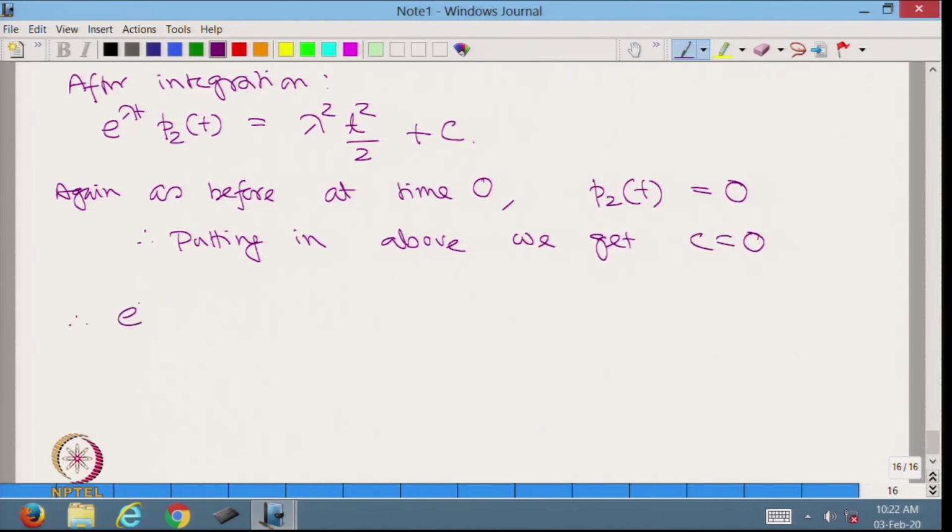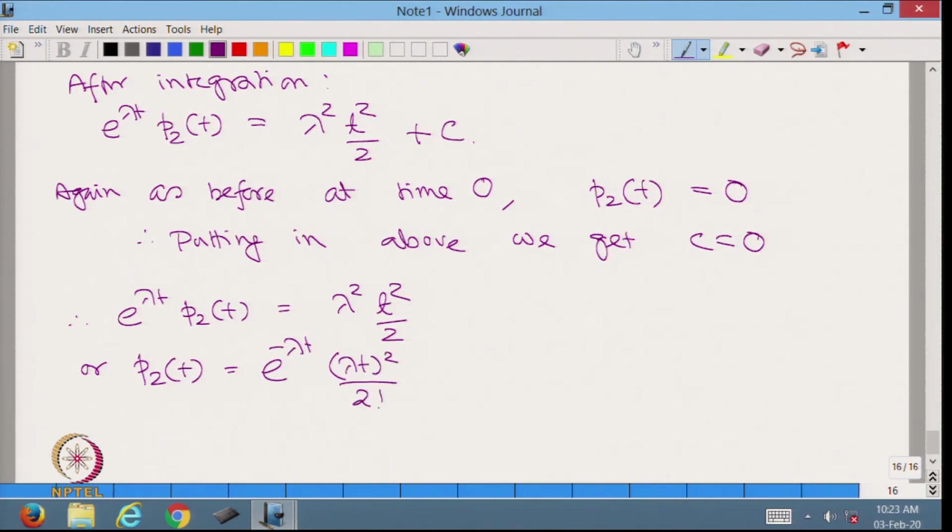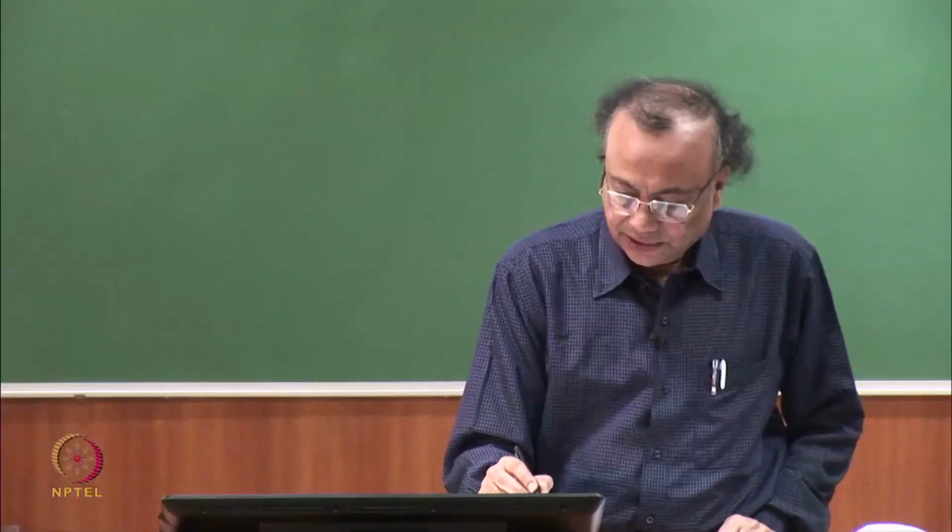Therefore, e to the power lambda t P2(t) is equal to lambda square t square by 2, or P2(t) is equal to e to the power minus lambda t (lambda t) square upon factorial 2.